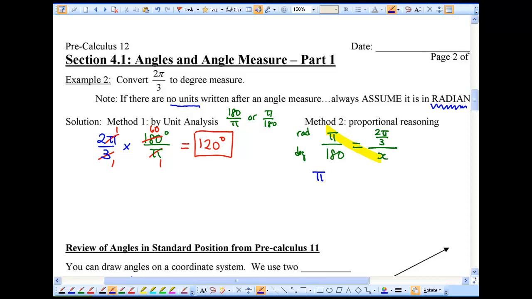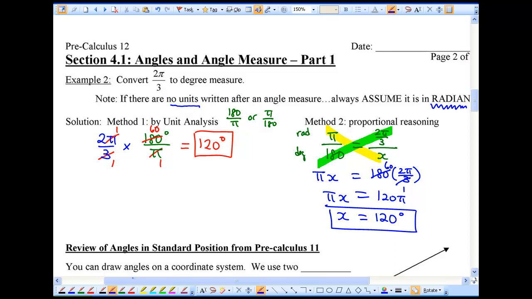So pi times x equals 180 times 2 pi over 3. Now, of course, that simplifies, so that's just 120 pi. So pi x equals 120 pi. Divide both sides by pi. I get 120 degrees. Pretty straightforward?